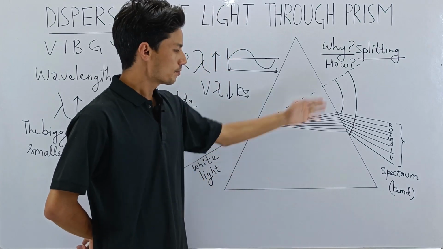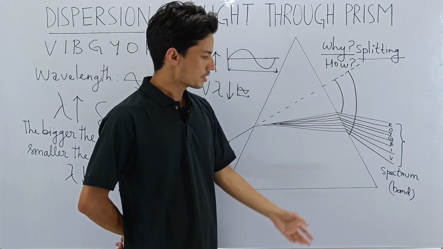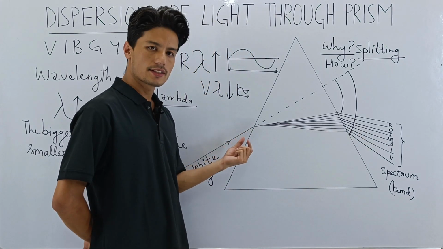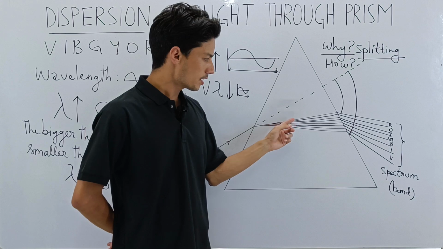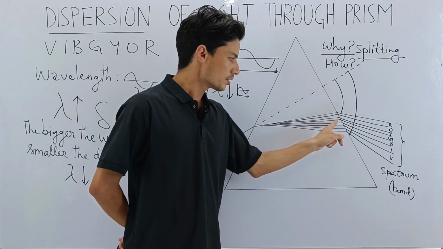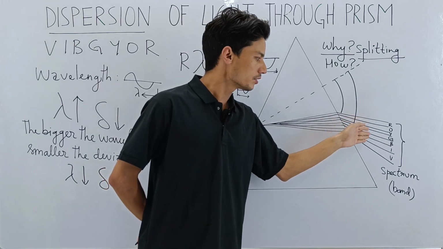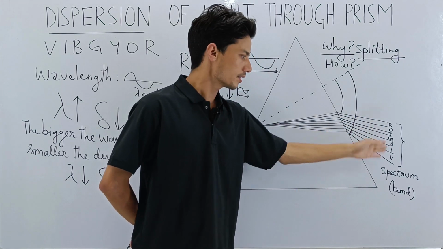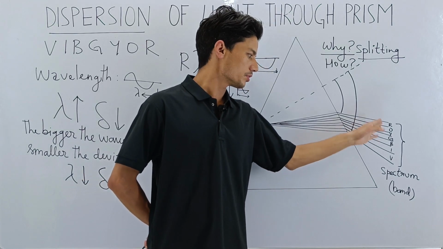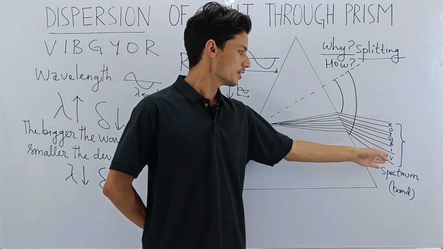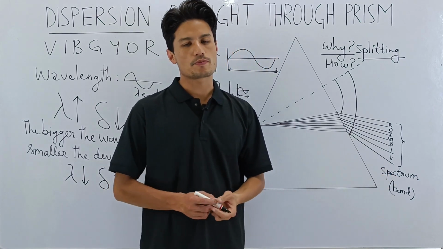Because of this, the colors which make up white light have different wavelengths, and when they travel through the prism their speed gets affected and they emerge distinctly outside. That is the reason we are able to see this band of 7 colors, which we call the spectrum.